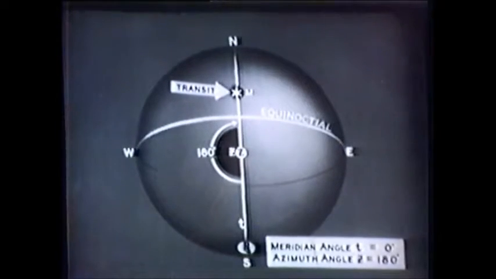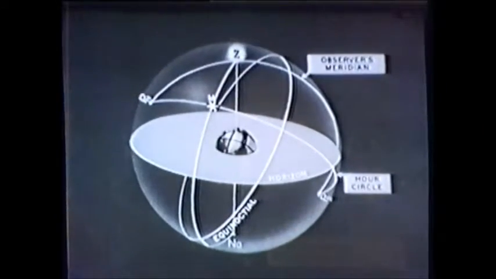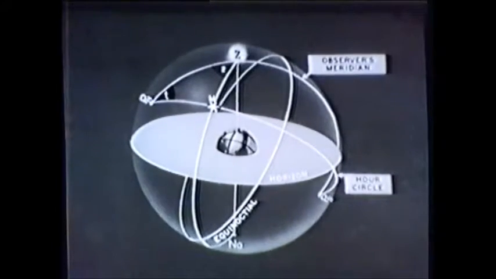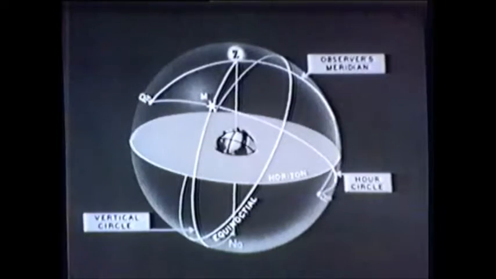We see sides of the triangle are cofunctions equal to 90 degrees minus latitude, 90 degrees minus altitude, 90 degrees minus declination. That is to say, the sides are co-altitude, co-declination, and co-latitude.